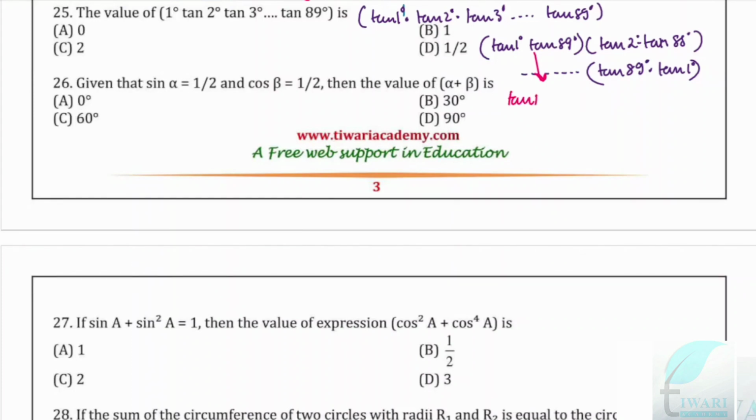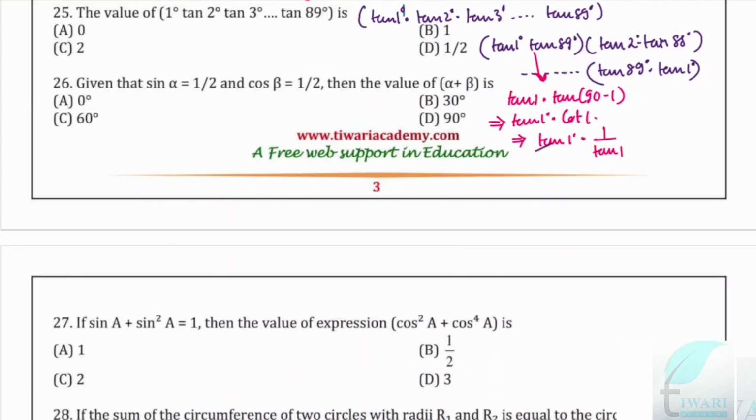This will be tan 1, and tan 89 can be written as tan (90 minus 1), which can be written as cot 1. So tan 1 degree into cot 1, and we know that cot 1 equals 1 by tan 1.